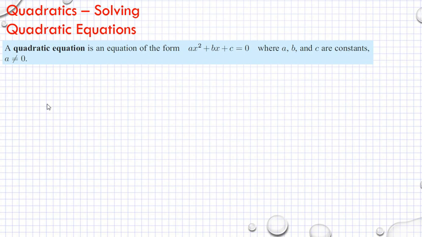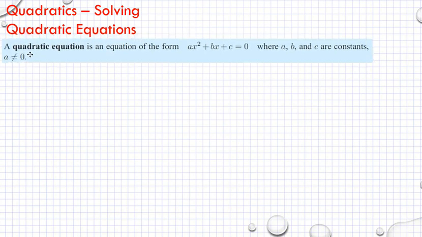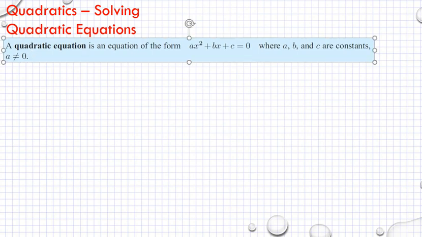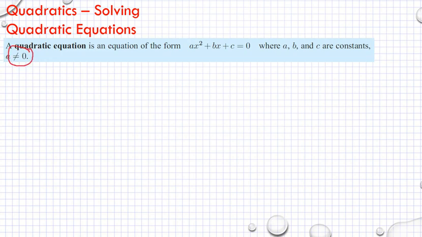And it says that a should not be equal to 0. This is a very important one. Why?